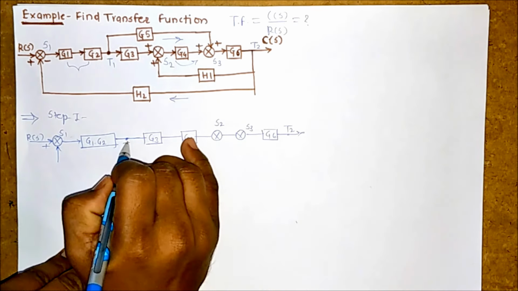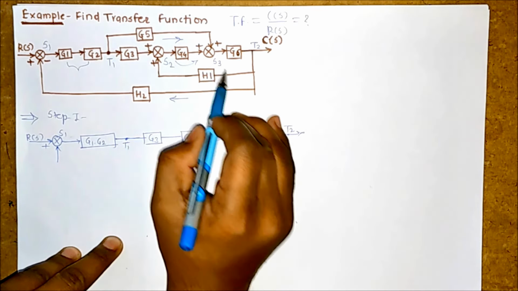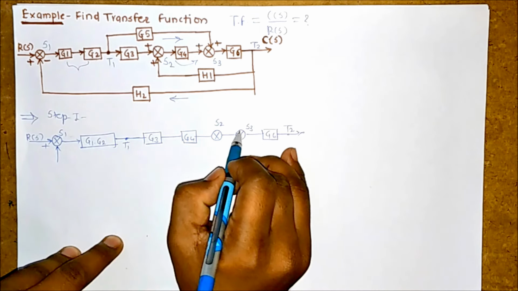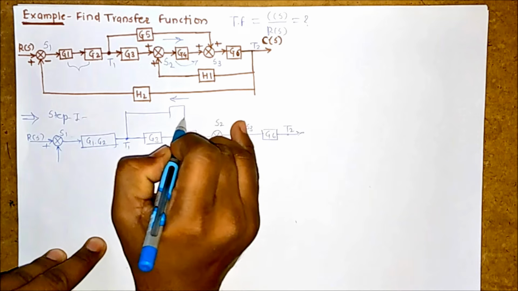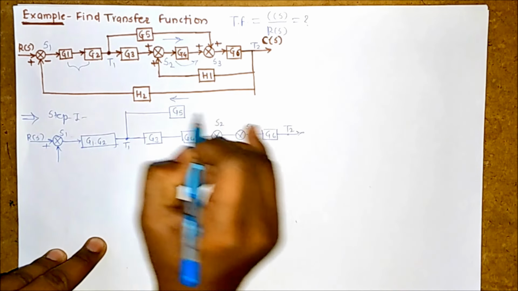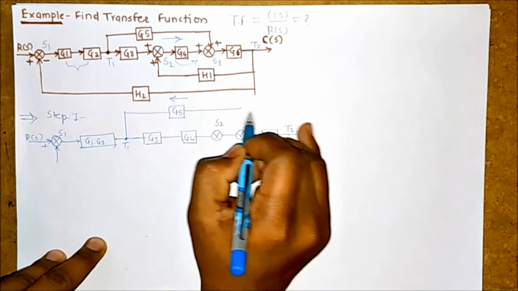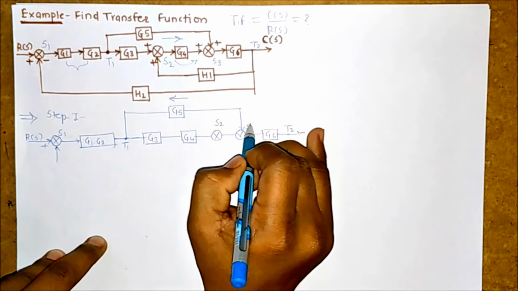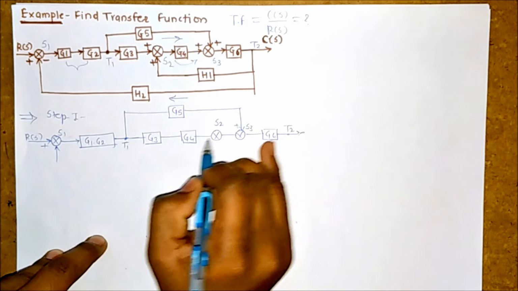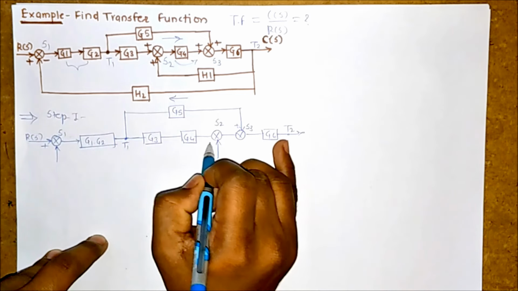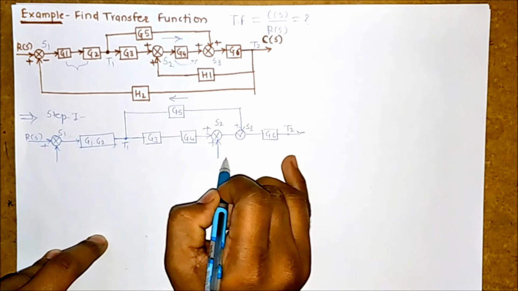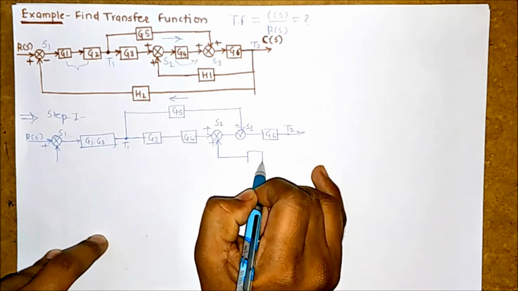From takeoff point T1, the signal or forward signal is connected to the S3. G5, which is having positive signal to the H2. H1 is the feedback.